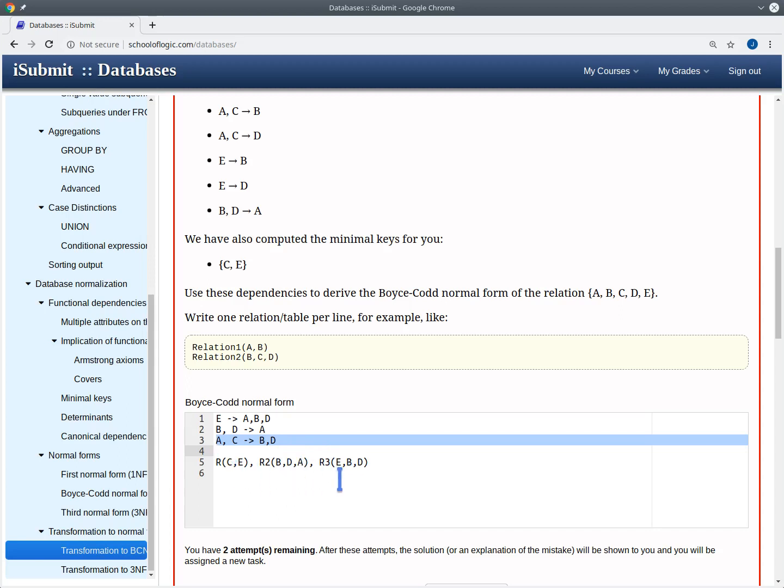However, recognize that this functional dependency actually got lost by splitting. So this functional dependency can no longer be expressed in any of the tables, because none of the tables contains A and C together. So this is not a problem. We know that in the transformation to Boyce-Codd normal form, sometimes functional dependencies get lost.